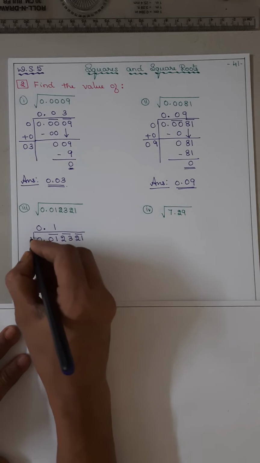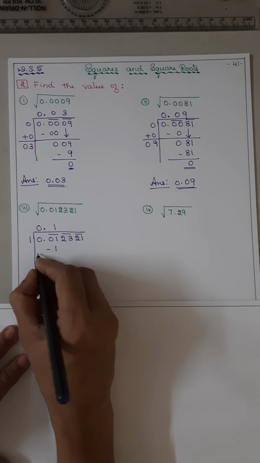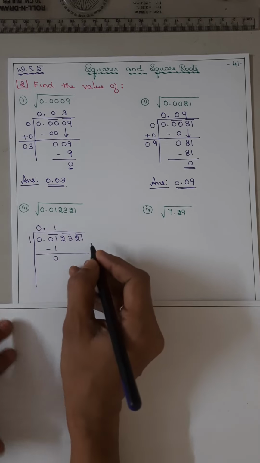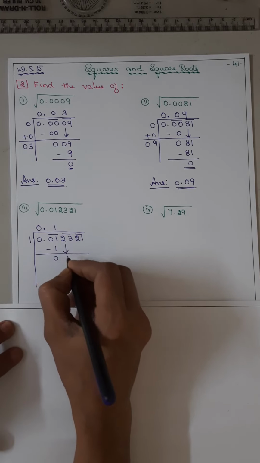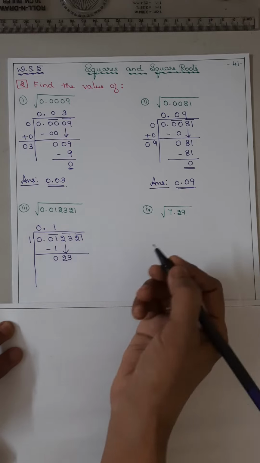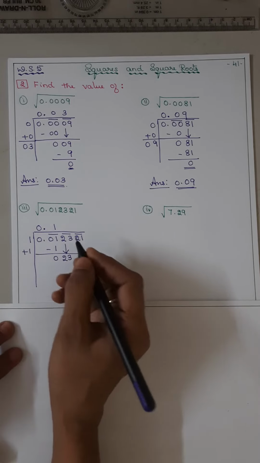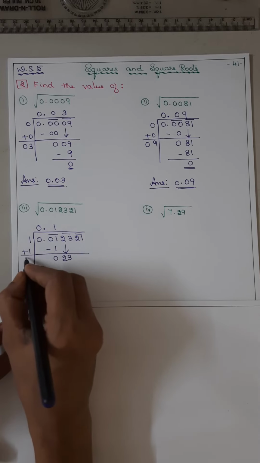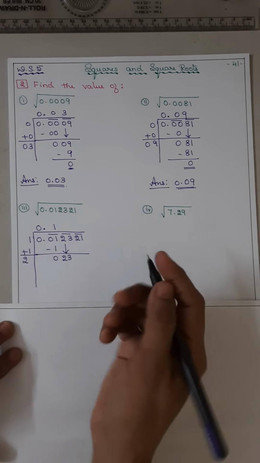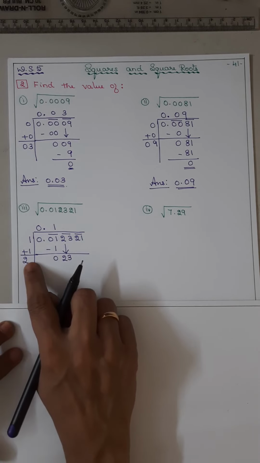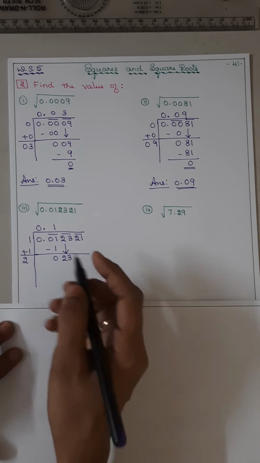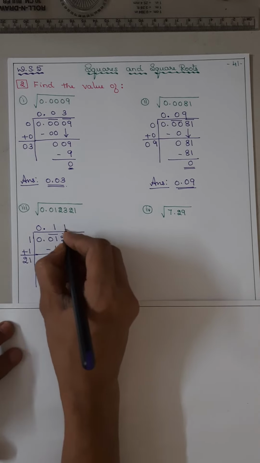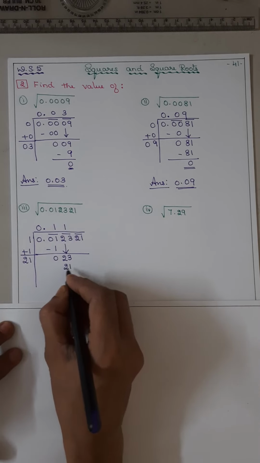So 1 ones are 1. Remainder is 0. Bring 23 down. Add 1, it will be 2. Now, if you put 1, it will become 21, isn't it? 2 1s are 2, so it is 21.